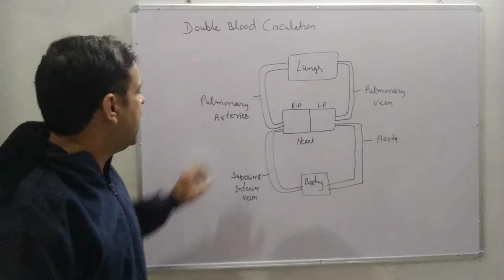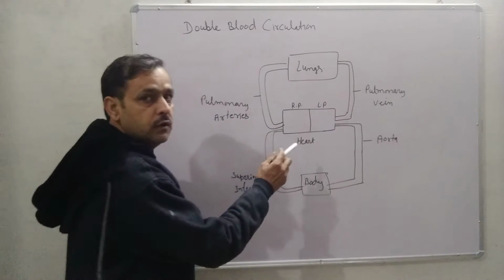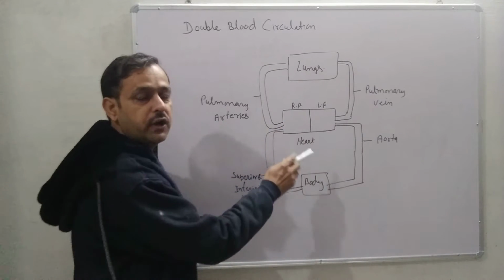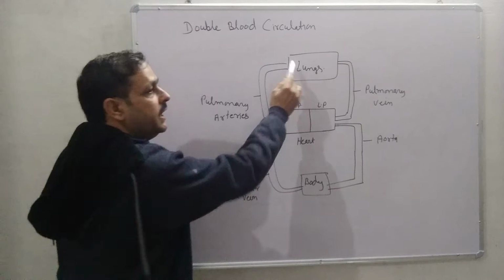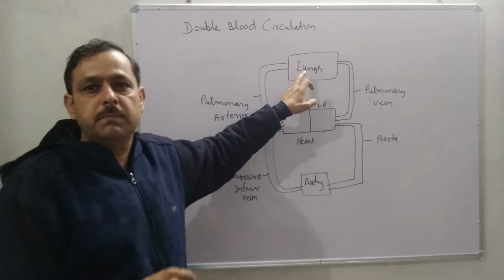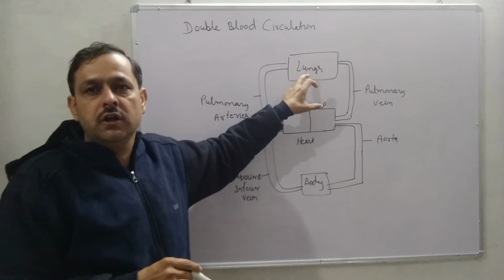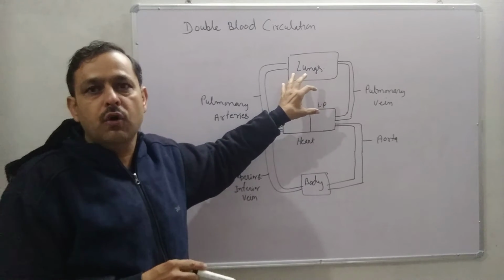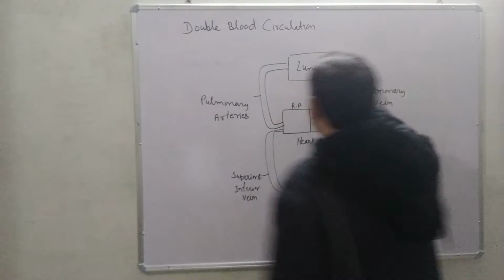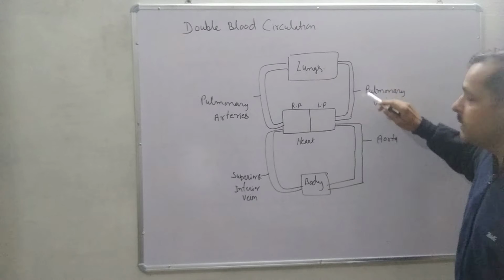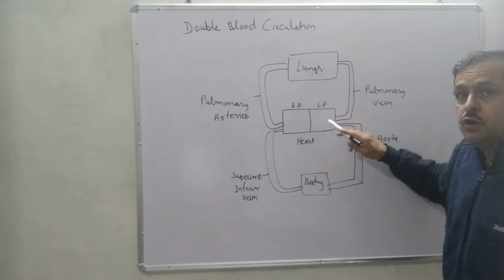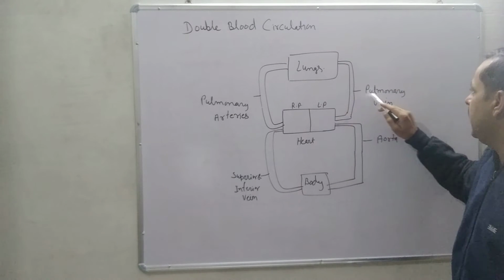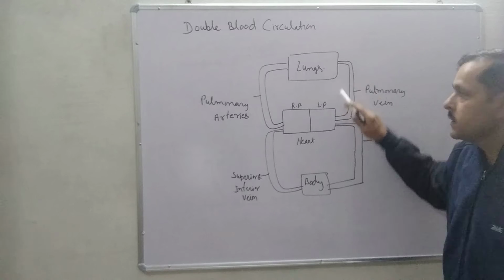So the pulmonary artery passes this blood from the right ventricle, or right part of the heart, to the lungs, and there the blood is oxygenated: the alveoli absorb CO2 and give O2 to the blood, and this pure blood goes to the left part of the heart by the pulmonary vein.